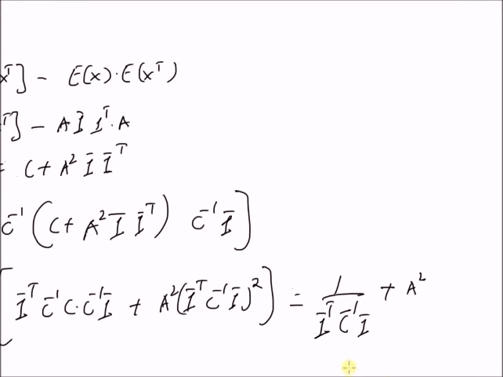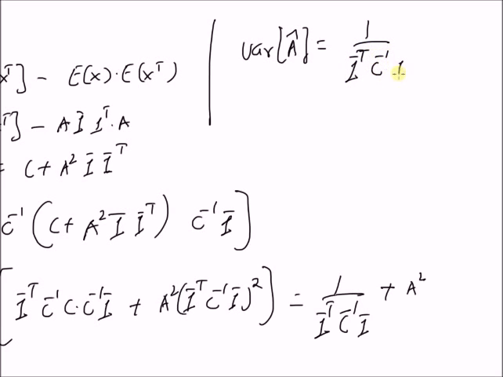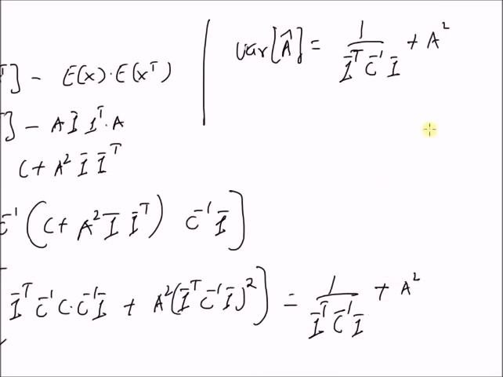So the variance of the estimator A hat is equal to 1 by 1 bar transpose C inverse 1 bar plus A square, and we subtract the square of the expectation, which is again A. So we have minus A square. Therefore, the variance of the maximum likelihood estimator A hat is equal to 1 by 1 bar transpose C inverse 1 bar.